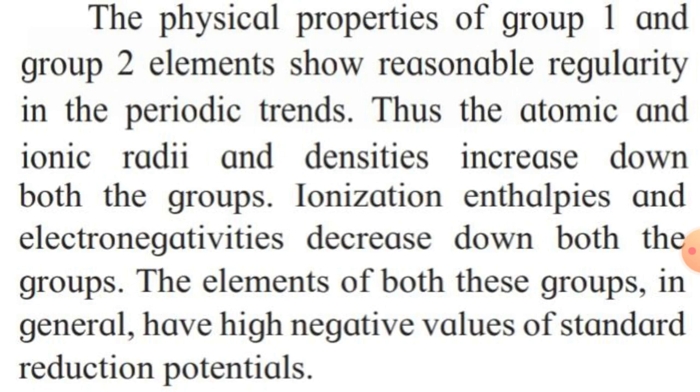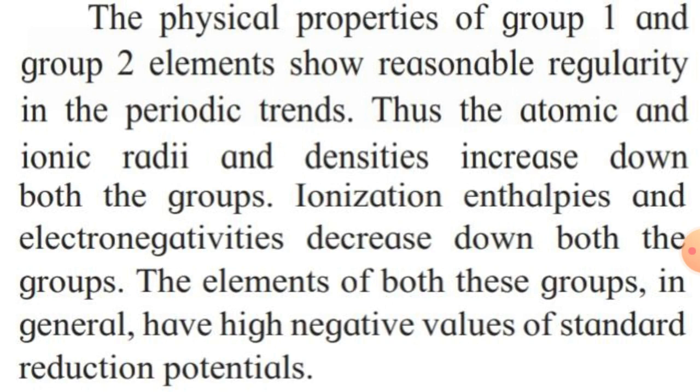Atomic radius, ionic radius and density increase as we move down the group, for group 1 and similarly for group 2. Ionization enthalpy and electronegativity both decrease down the group in both groups.